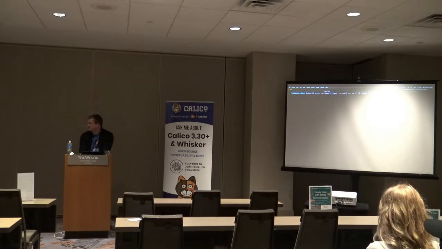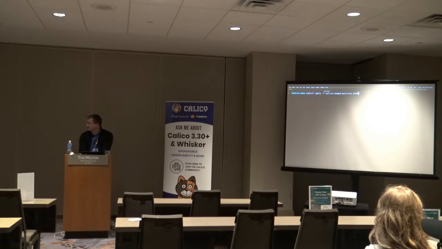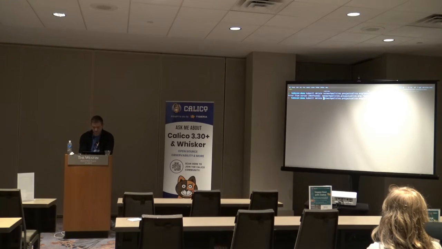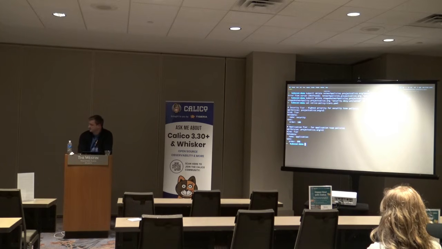So what I'll do is show tiers working super quickly, hopefully. We'll just remove any policy that we had. So this is how you create tiers in Calico.